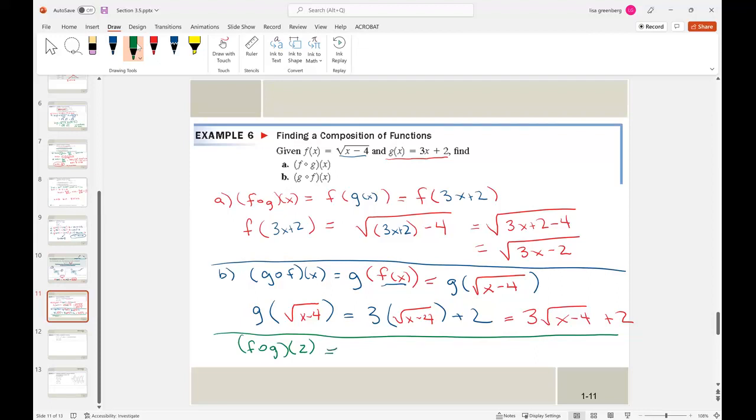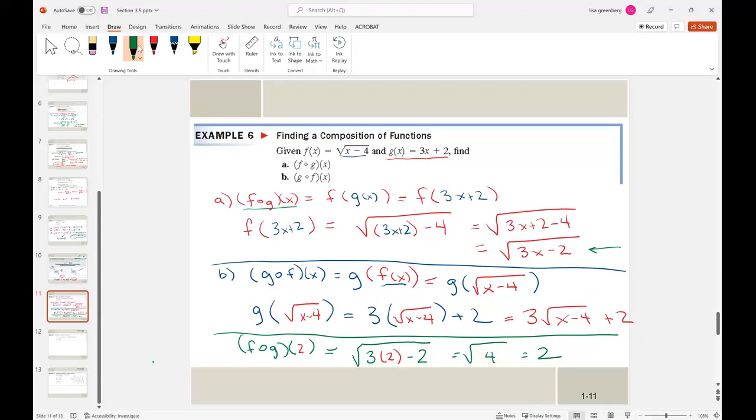We know that f composed with g of x is equal to the square root of 3x minus 2. So at 2, this is the square root of 3 times 2 minus 2, which is the square root of 6 minus 2, which is 4, which is equal to 2.